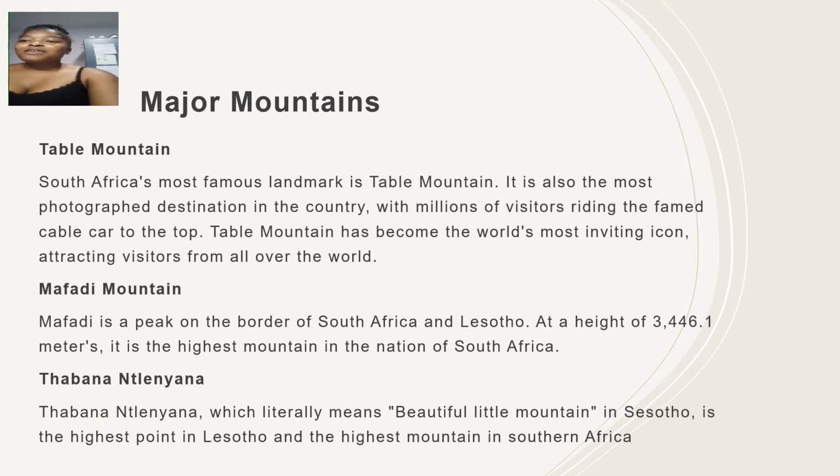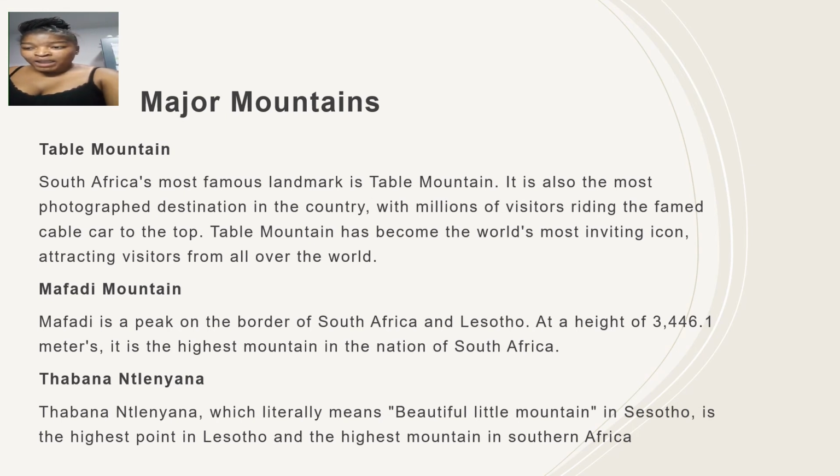It is the most photographed destination in the country, with millions of visitors riding the famous cable car to the top. Table Mountain has become the world's most inviting icon, attracting visitors from all over the world.